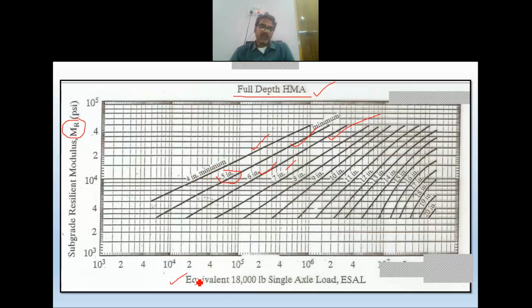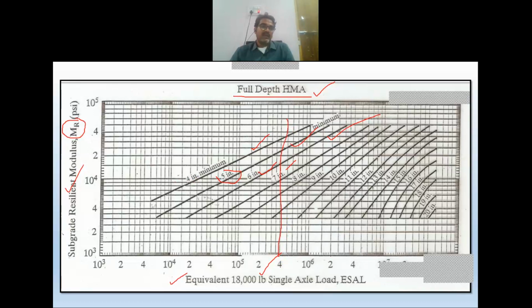Now, I know the value on the x-axis, yes. I know the value on the y-axis, yes. By knowing these two values, I can read the thickness of the asphalt pavement. That is the design procedure, right? For example, if the equivalent single axle load is 4 into 10 power 5, I just draw a vertical line like this.